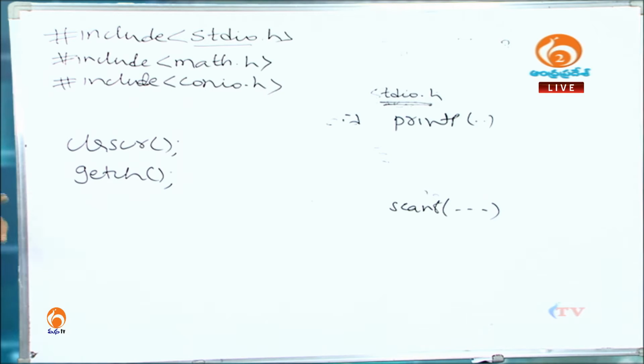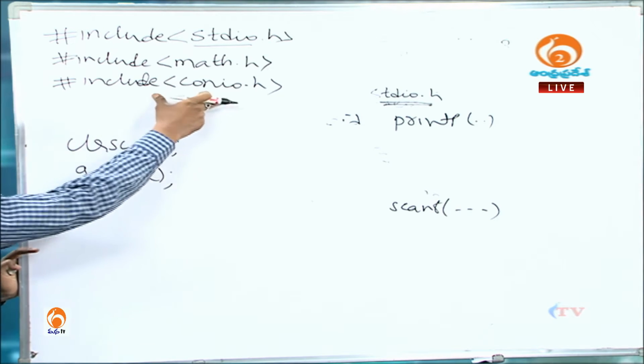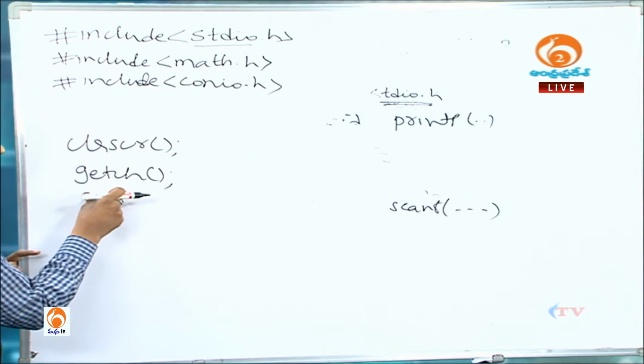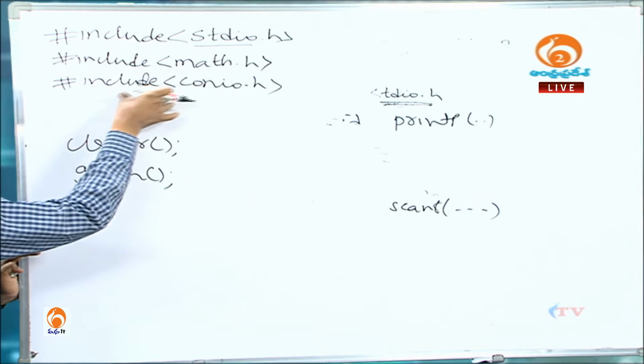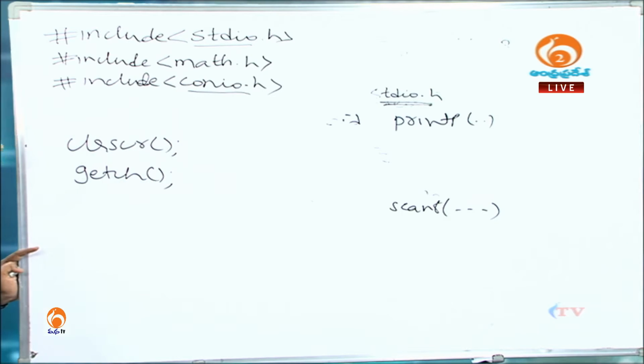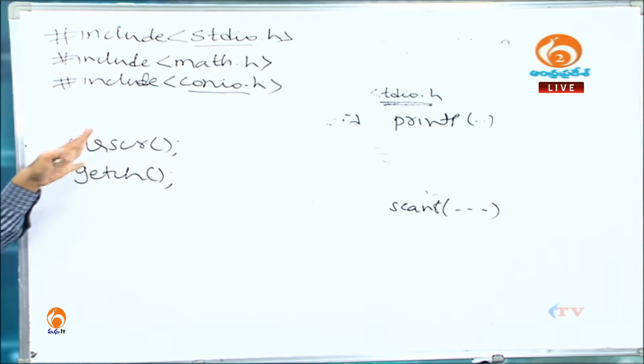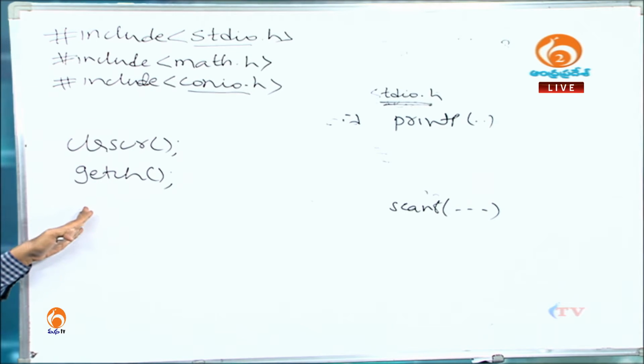Whenever you are using the clrscr function or calling the getch function, you must include the header file conio.h. If you include this header file once, you can write related function calls any number of times. Hope you understood.